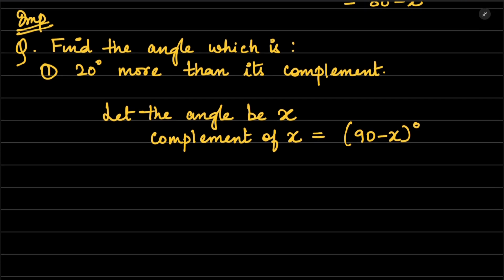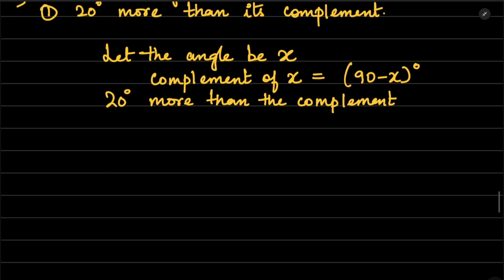20 more than the complement. Let's write it. The angle is nothing but 20 degree plus the complement. What is the complement? 90 minus x. Now you have to solve for x.